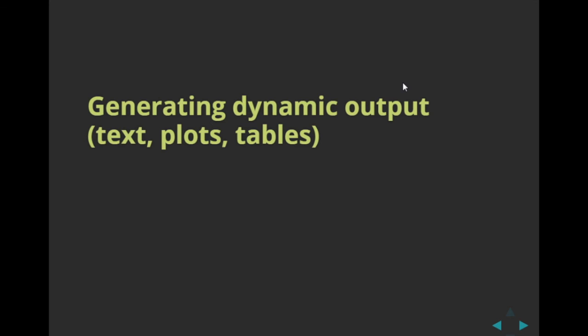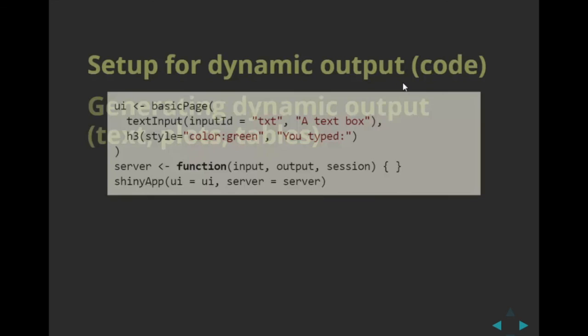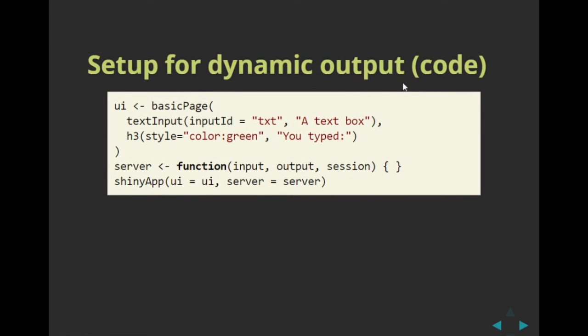I'm going to start by setting up an application that does not have a dynamic output yet. It's a very simple application that we're going to add to. So how many widgets do we have in this app? We have one. Unlike the previous examples, we only have one widget, so when the user makes a change to it, we can't update another widget.